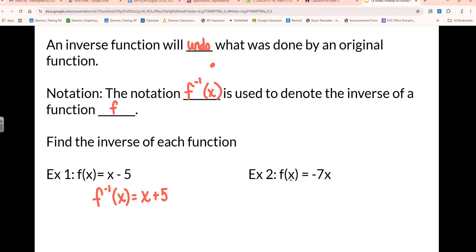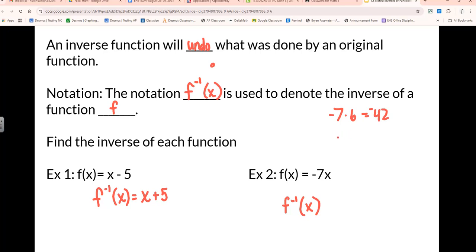For example 2, what would that inverse be if I've got multiplying by -7? If I take a number, if I do -7 times 6, that would give me -42, right?